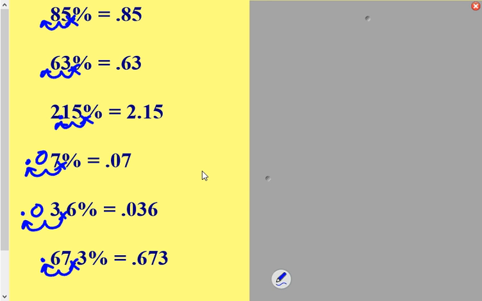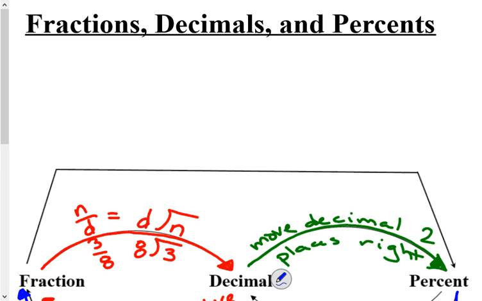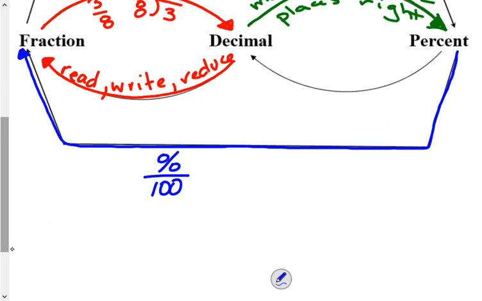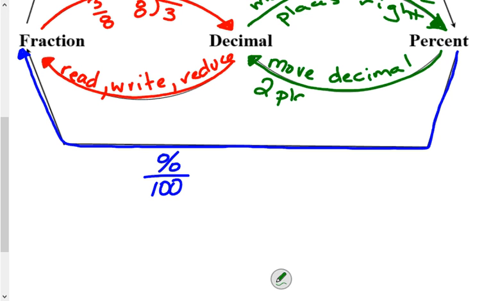So when I look at this, if I want to change a percent to a decimal, I'm always going to move my decimal 2 places to the left.